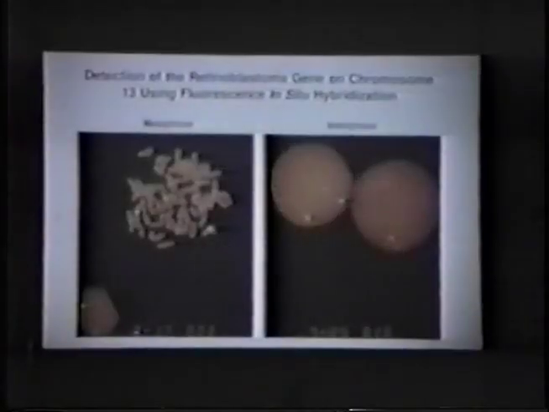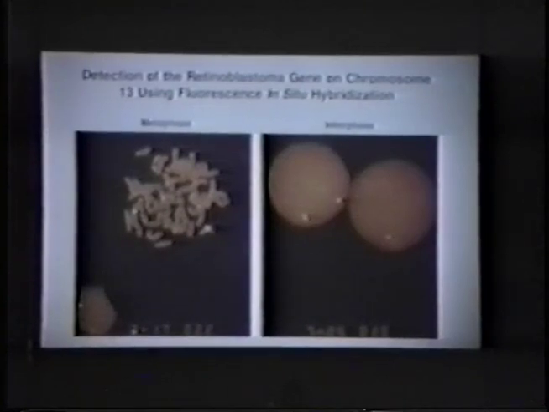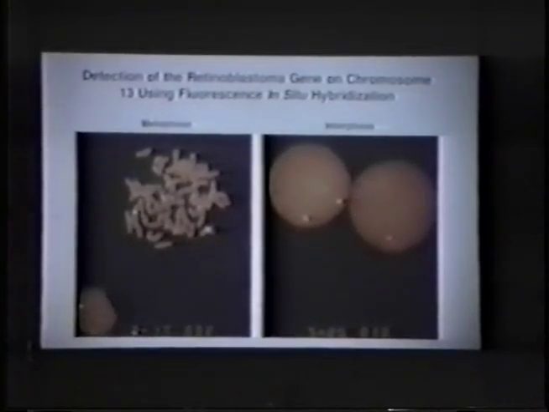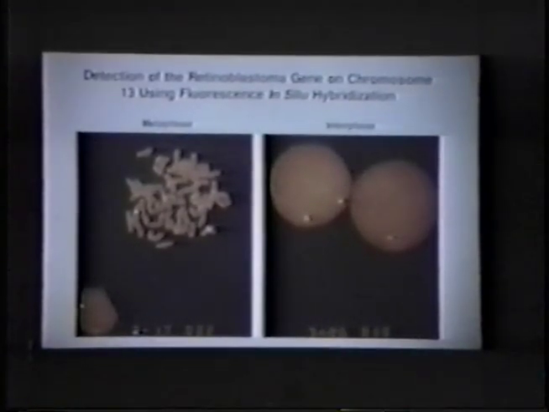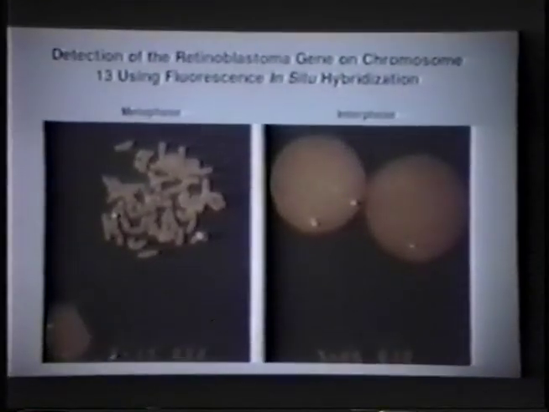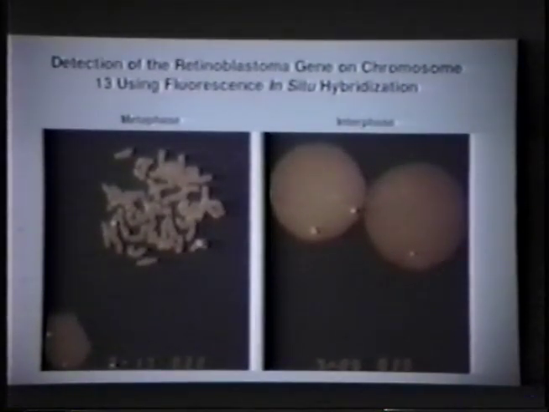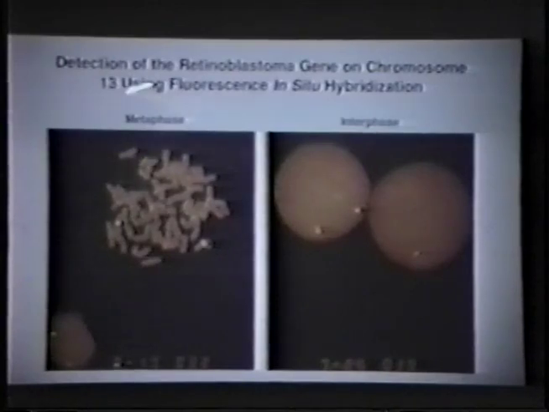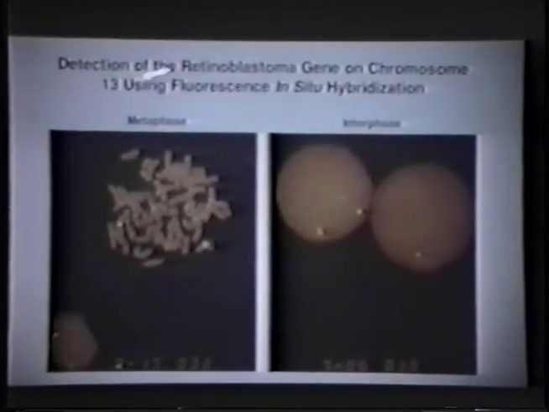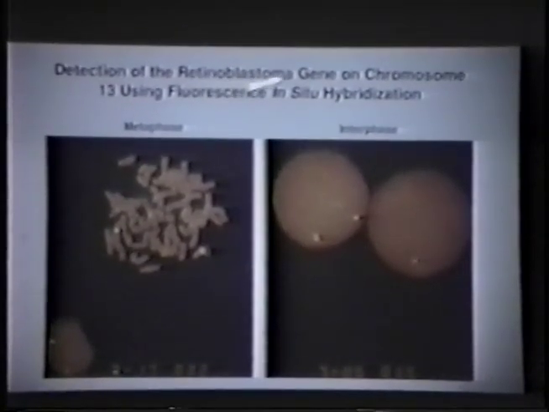And so the way around that is really to move to these so-called locus-specific probes. Here, the idea is to take a probe, a small probe now, to a DNA sequence that you're interested in studying. What I'm showing here is an example of hybridization with a probe to the retinoblastoma gene on chromosome 13.